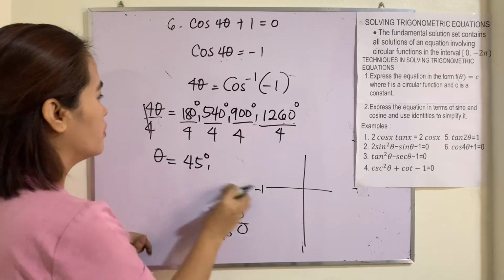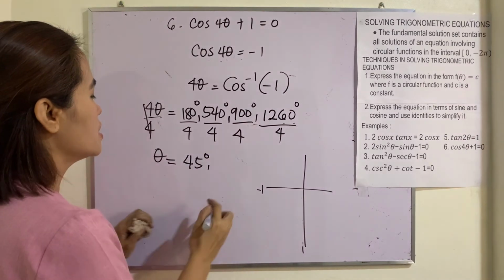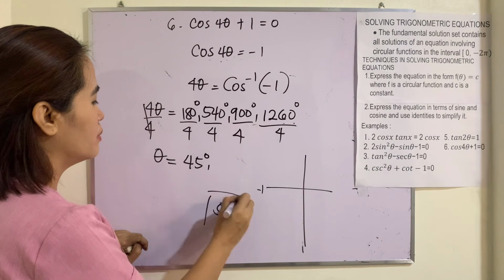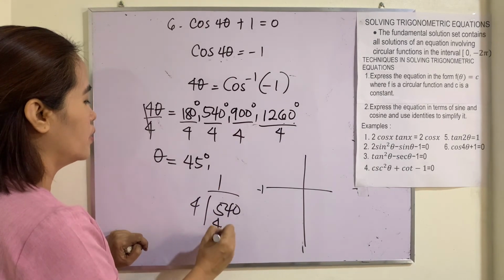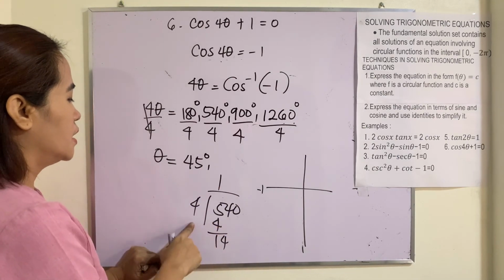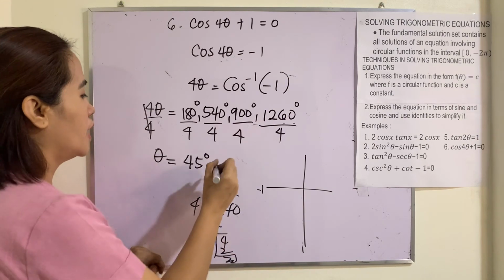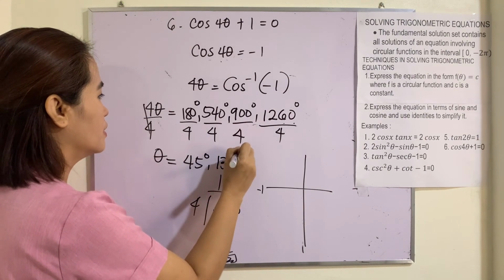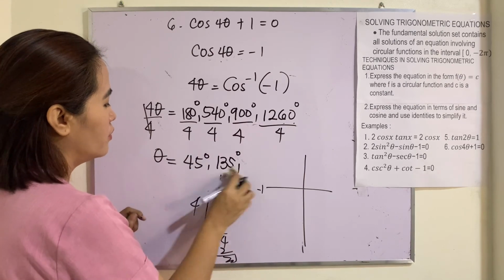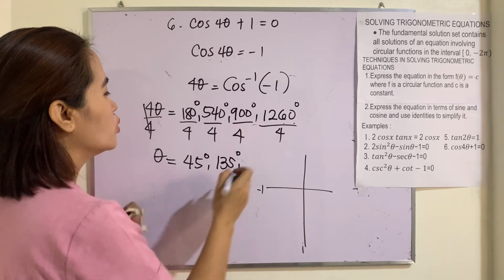This one is equivalent to, of course, 540 divided by 4, so we have 135. And here we have 900 divided by 4, that is 225.